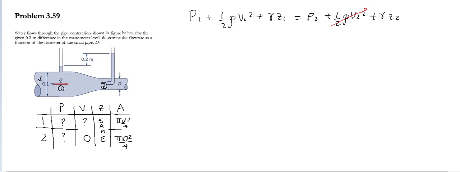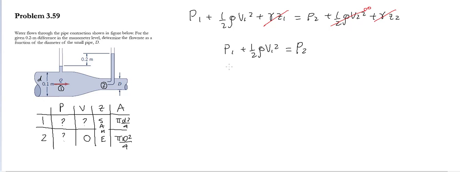The velocity at point 2 is 0, and the elevations are the same, so they cancel out. At the end, this tells us that the pressure at 2 is simply P1 plus 1/2 rho V1 squared. So we get this relationship between pressure differences based on Bernoulli's equation.